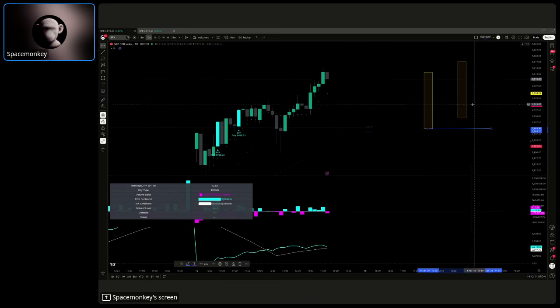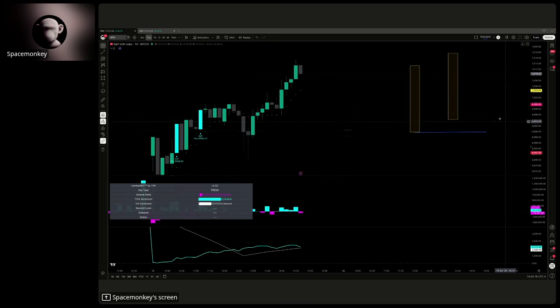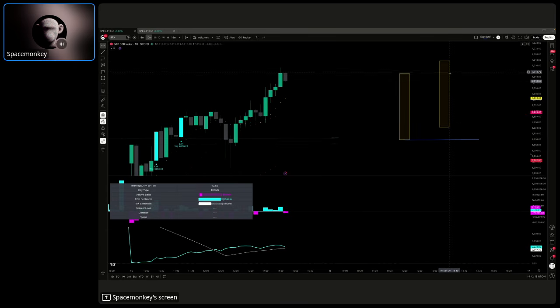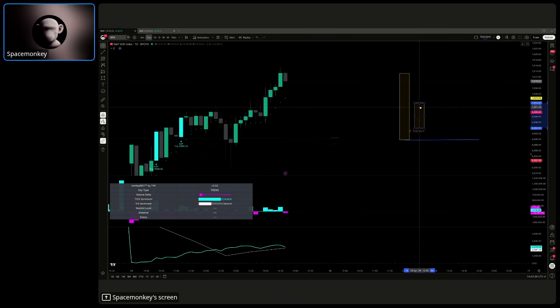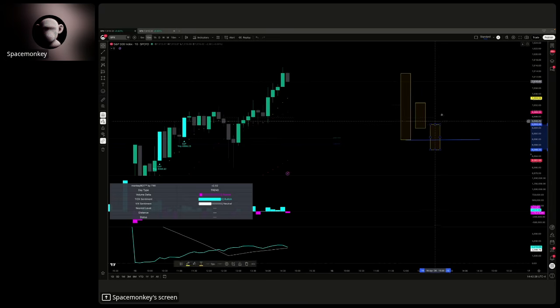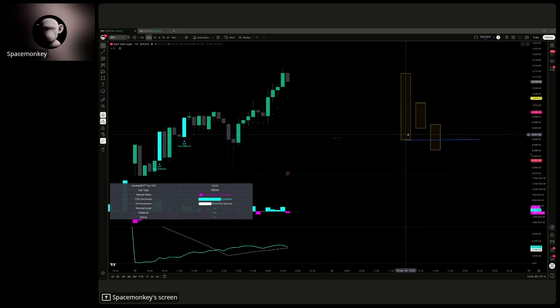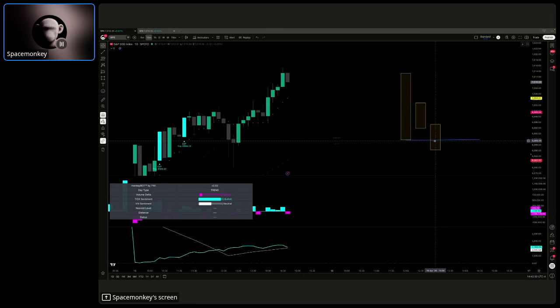And in today's session, we open up above, right? And we break through yesterday's lows, right? And so this could mean continuation to the downside, right? And so that is something to watch.